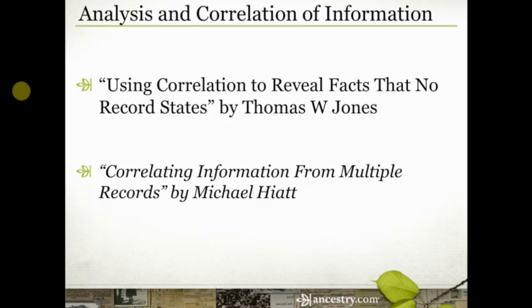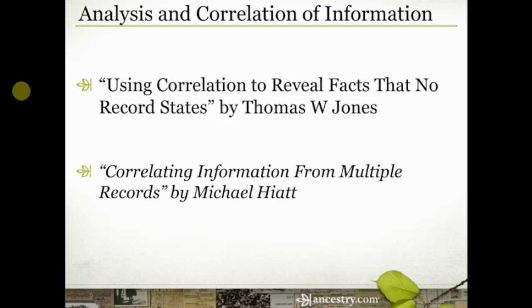And then Michael Hyatt, who is another genealogy blogger, well, he's a genealogist and a blogger. He has a blog post called Correlating Information from Multiple Records. Again, if you just Google that, Correlating Information from Multiple Records by Michael Hyatt, you'll find his blog post.